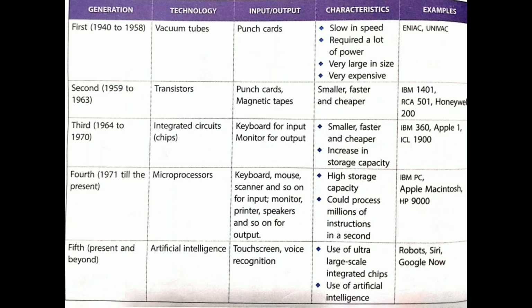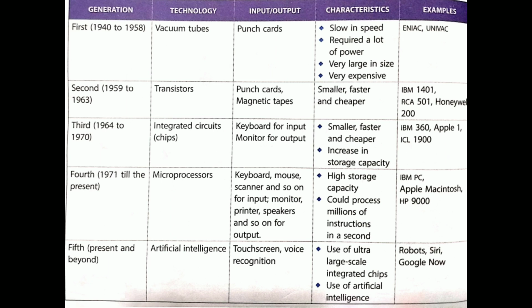Coming on to the second generation, time period was from 1959 to 1963. Technology used was transistors. For input and output purpose, we used punch cards and magnetic tapes. Characteristics are, they are smaller, faster and cheaper than the first generation computers. Examples are IBM 1401, RCA 501 and Honeywell 200.